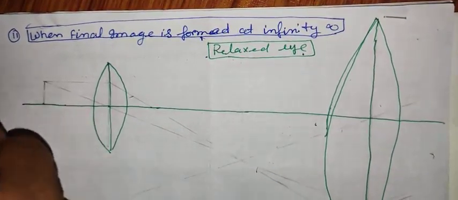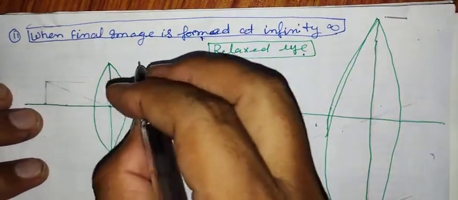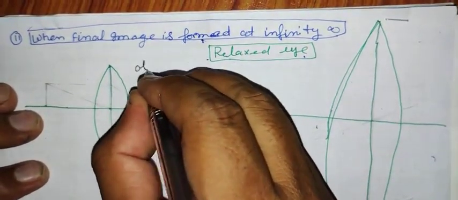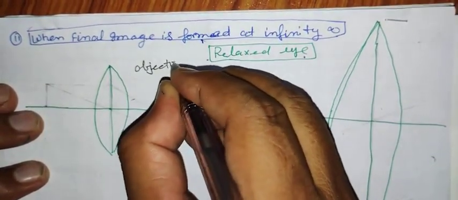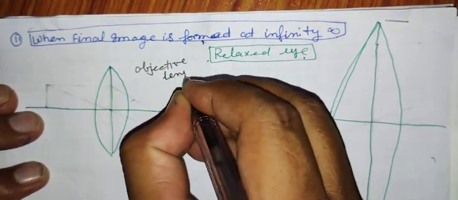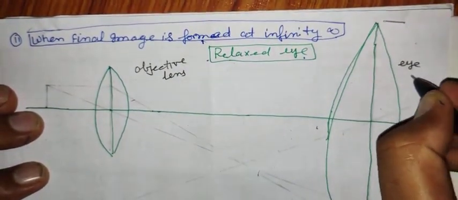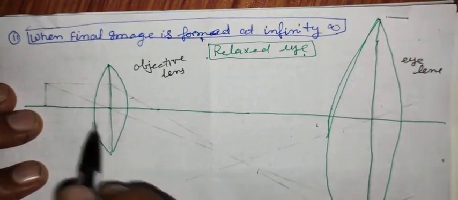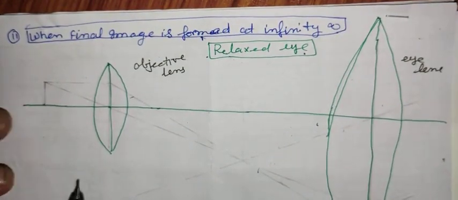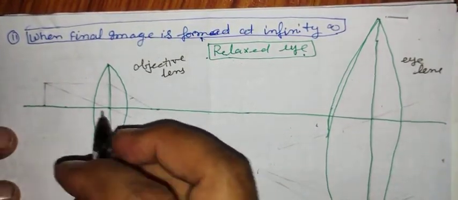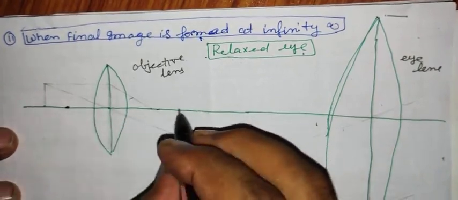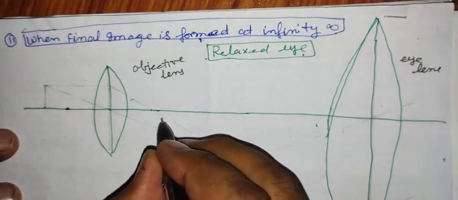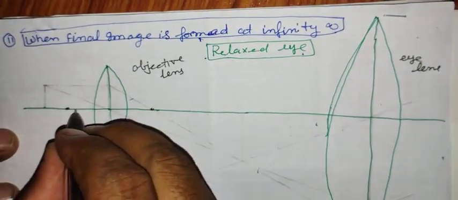Here are two lenses, one known as the objective lens and the eye lens, seen in a tube. Let us see the focal point here.